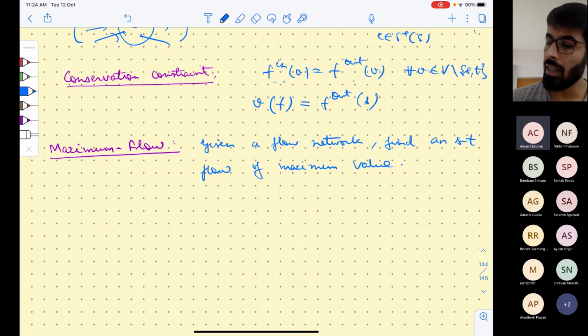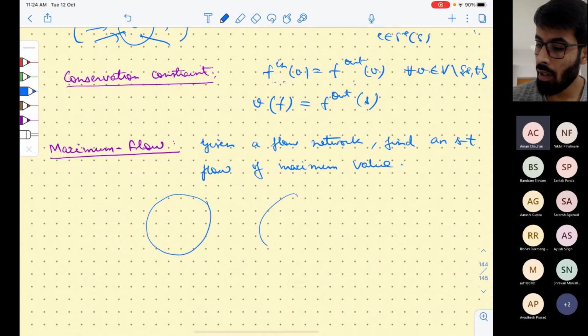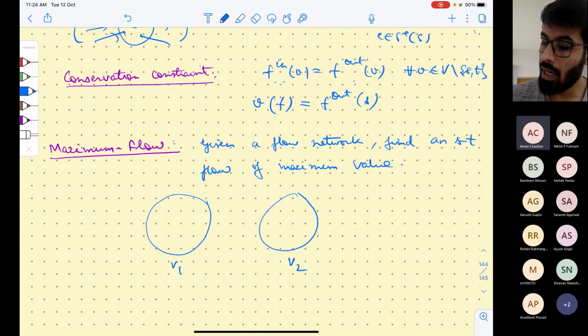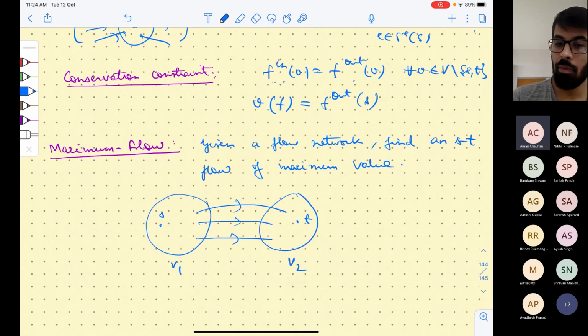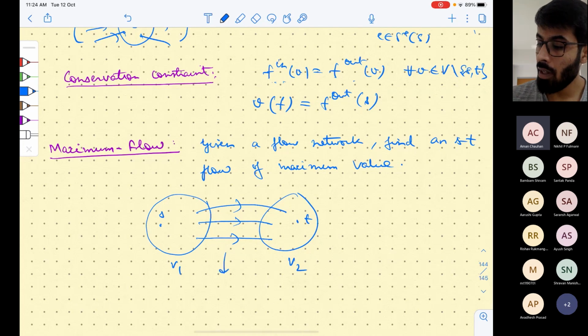There is one crucial, or nice, observation, which is that if you divide the graph into two parts, let's say V1 and V2, such that S is in V1 and T is in V2, and some edges are crossing, let's call the total capacity of these edges the capacity of the cut.